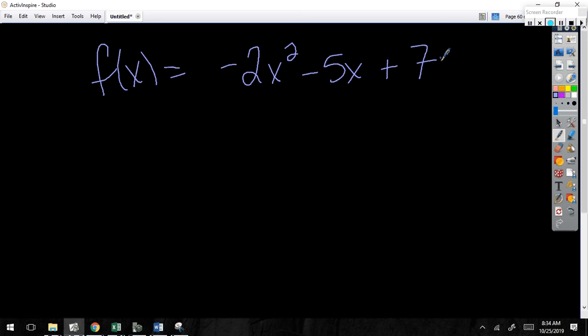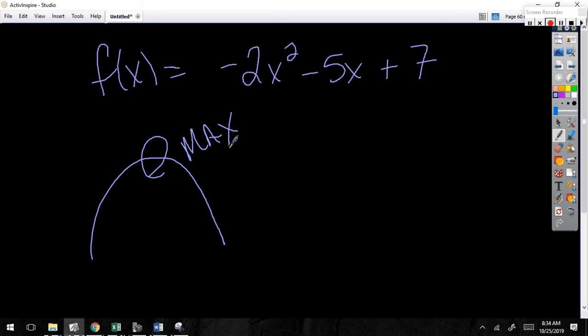Because that negative in front tells me that the parabola is going to open down. And if I ever have a parabola that opens down, I have a maximum. If it was a positive, it would be a minimum. That's exactly right. And so if I'm asked to calculate the maximum, all I'm doing is finding the vertex.